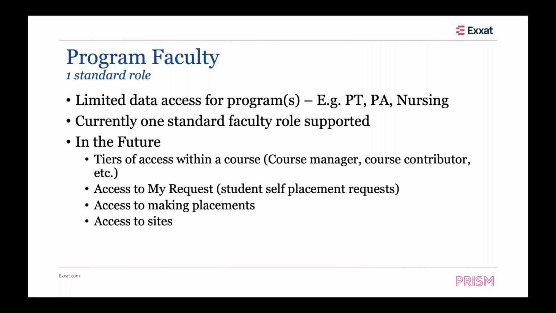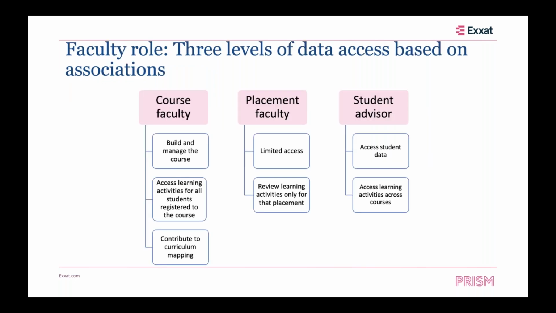So now I'll talk about what our current standard program faculty role gives you. There are 3 levels of data access within the standard faculty role. You can be associated as a faculty to courses, and your administrator will do that. An administrator will go into the Prism product, go to particular courses, and say, hey, Dr. Bhave is the course manager, course coordinator for this course.